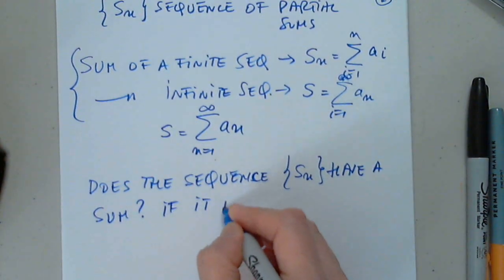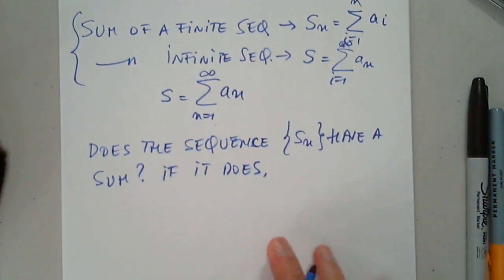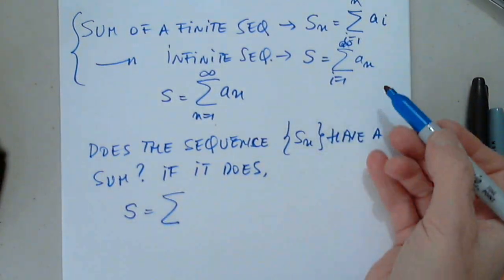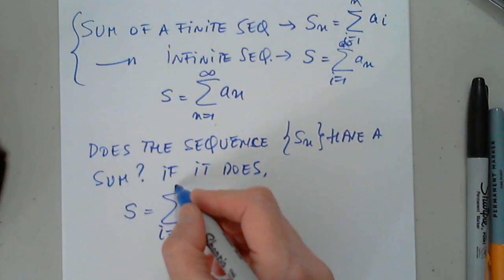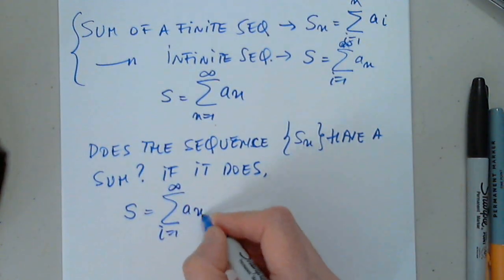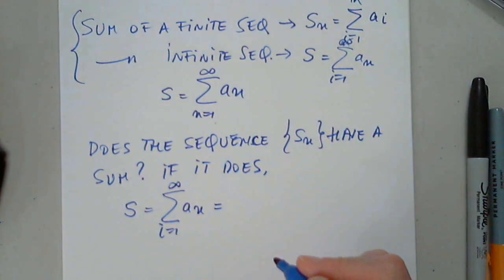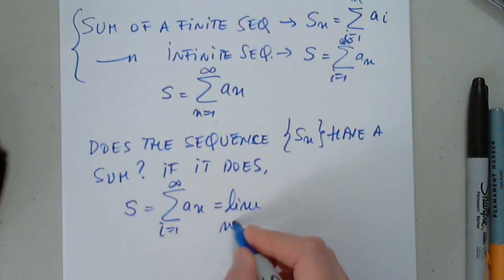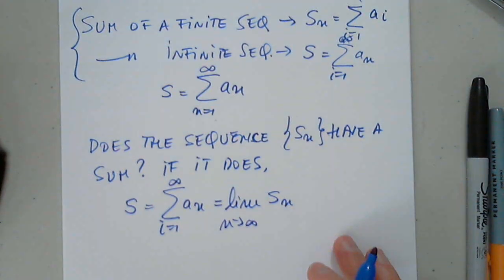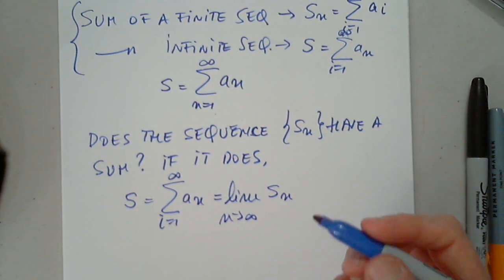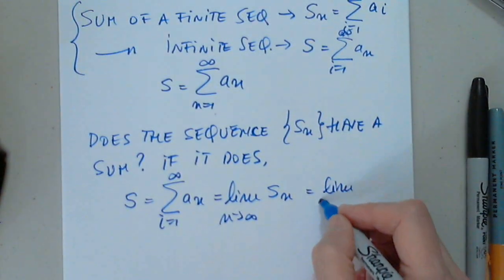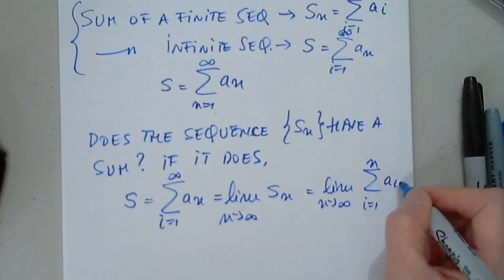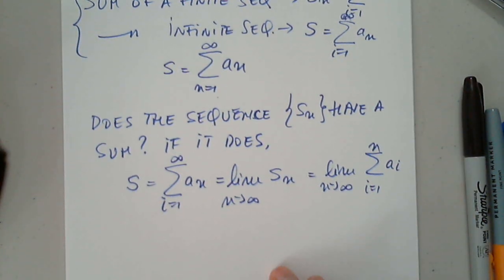If it does, then we have S equals the sum from n equals 1 through infinity of a sub n, which is the same thing as the limit as n approaches infinity of S sub n. And another way of writing it, this is the limit as n approaches infinity of the sum from i equals 1 through n of a sub i.